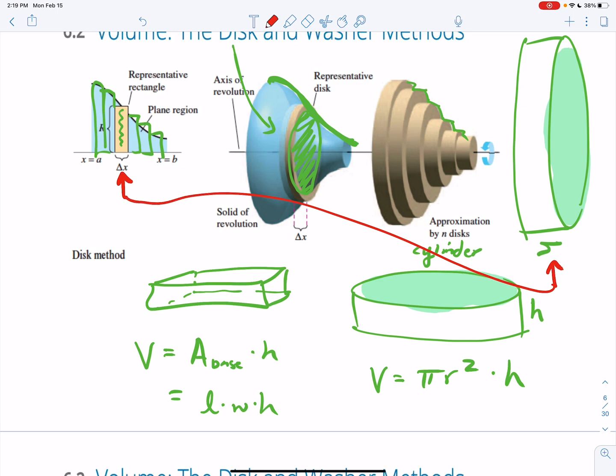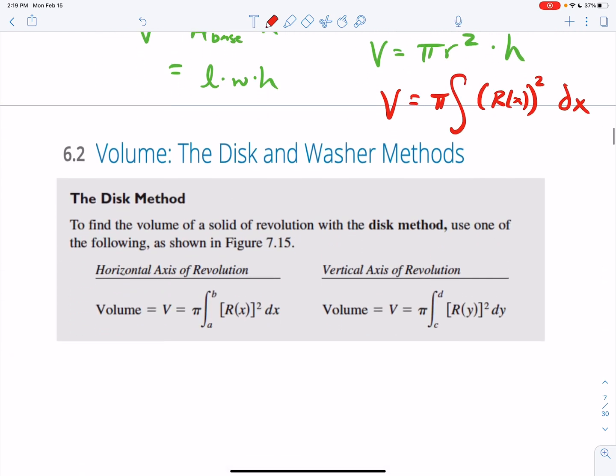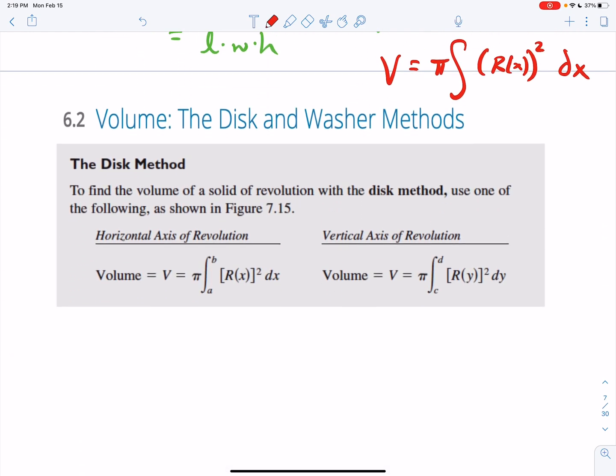So if you think about it, to find the volume of all of these cylinders at the same time, we can integrate to keep it faster. This is pi radius squared. And instead of h, I'm going to put dx because that's really our delta x right here. And this is where we get this formula.